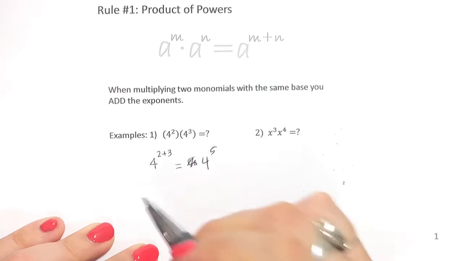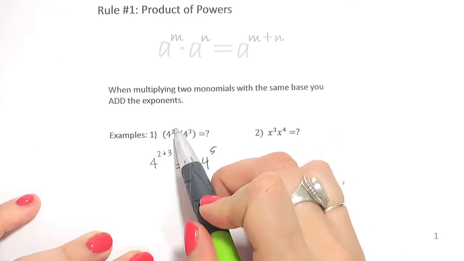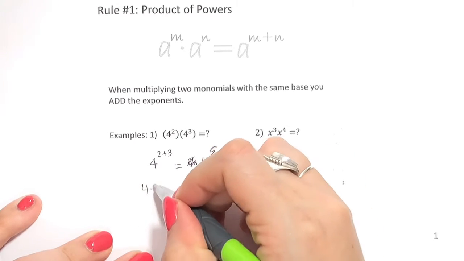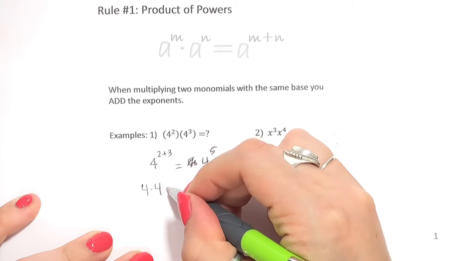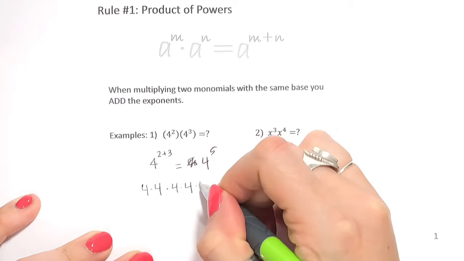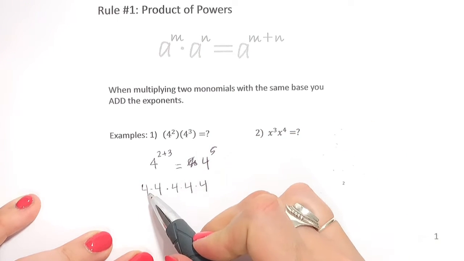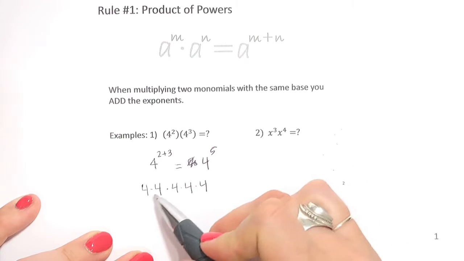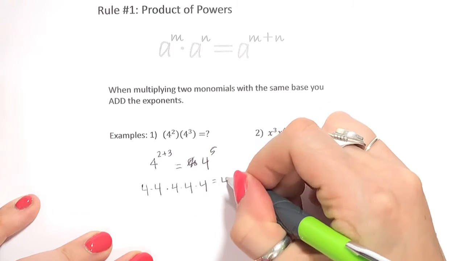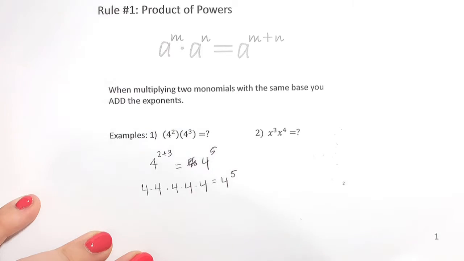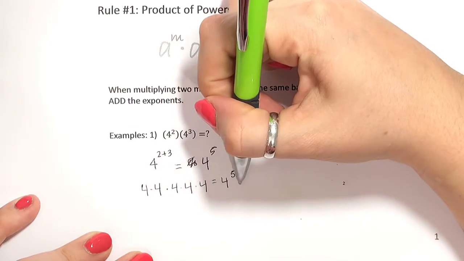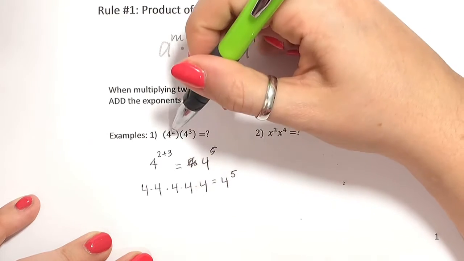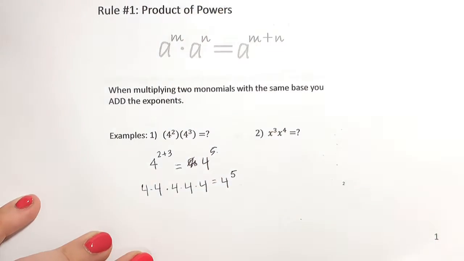Another way to think about it is 4 squared means 4 times 4, and 4 cubed means 4 times 4 times 4. So total, if I write out all of those 4s, I have 5 of them, which equals 4 to the 5th. This is really just a shortcut, the adding part, so I don't have to write all of the numbers out every time. I can just add the 2 and the 3 to get 5.